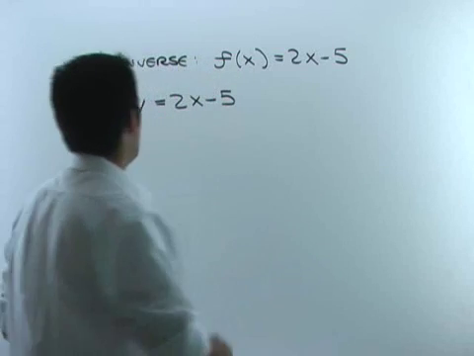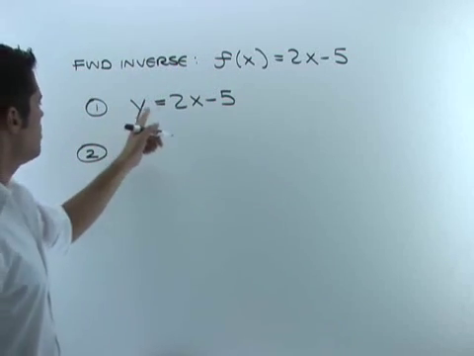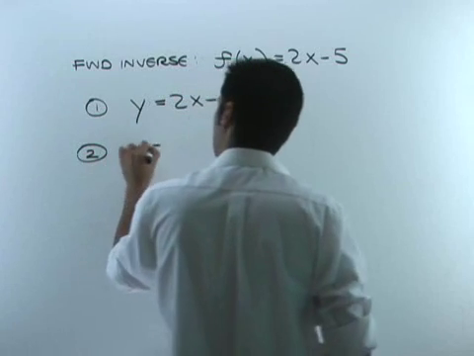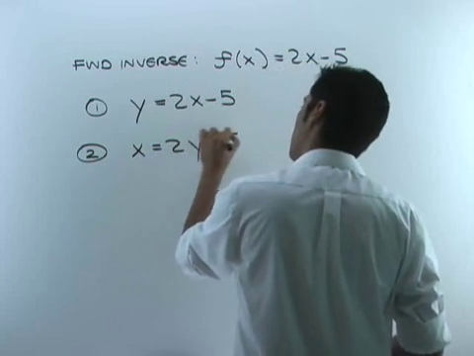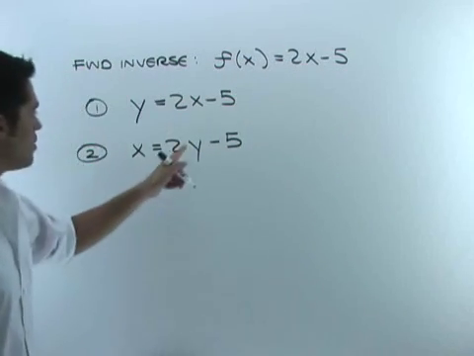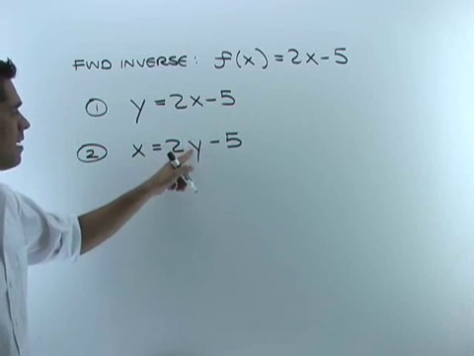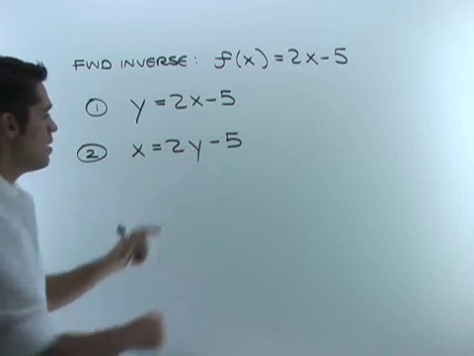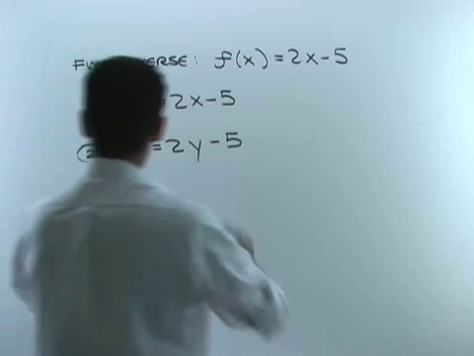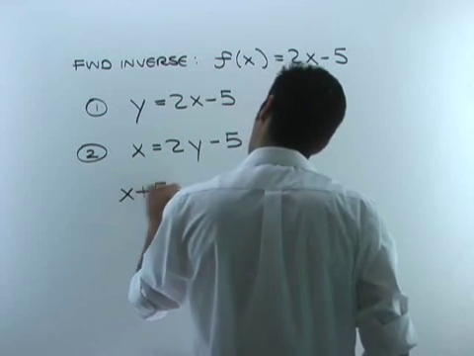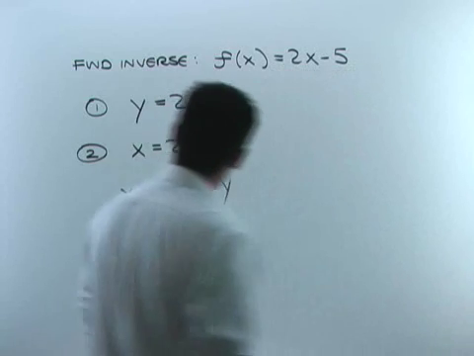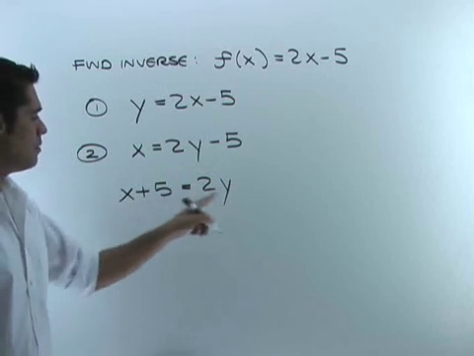Then I create the inverse relation. What I do is I switch my y's to x's and I switch my x's to y's. Now I solve for y. So I need to isolate y by itself on one side of the equation. I will add 5 to both sides. And now I will divide by 2 on both sides.